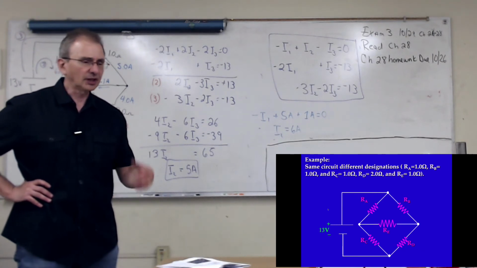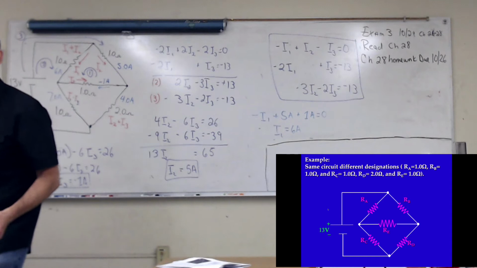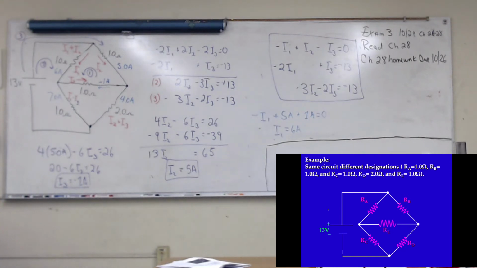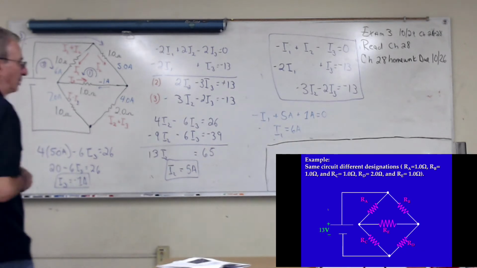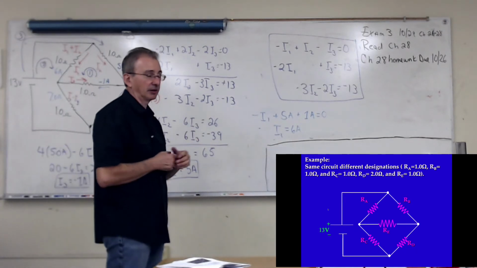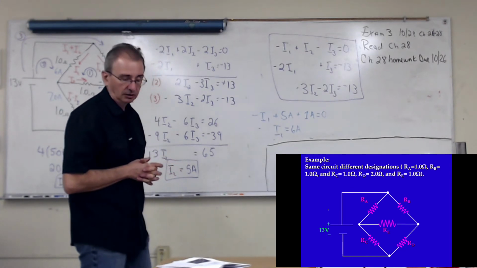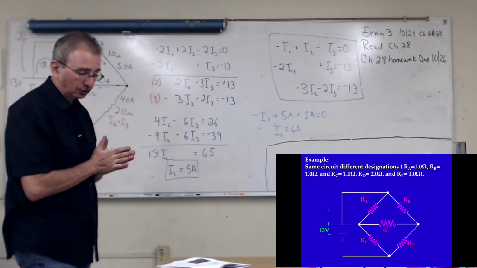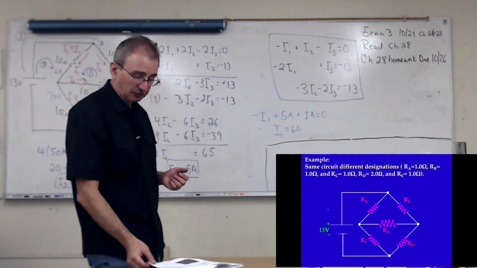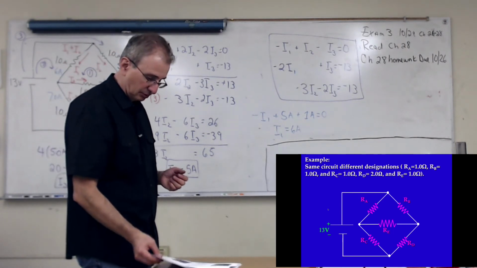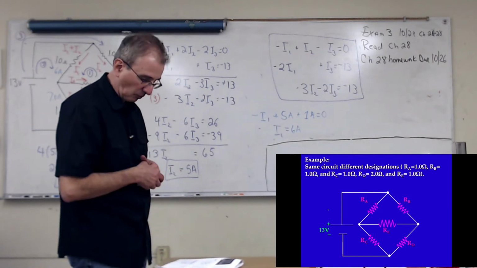When you take Engineering 17, you'll be allowed to use an engineering calculator, and you can just punch the numbers in, and the calculator will give you an answer. I'm more interested in you setting it up, but if I give you a simple circuit, you should be able to solve it. So I do have some notes on row reduction in your notes, so you can take a look at it.